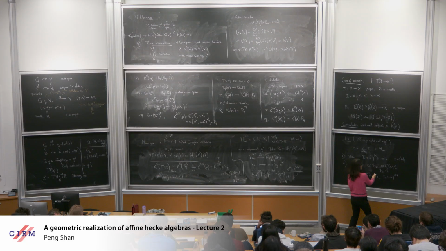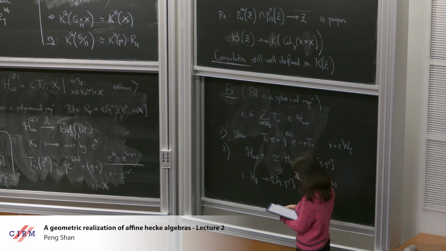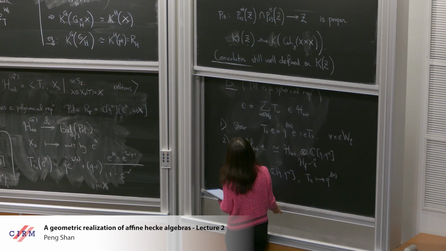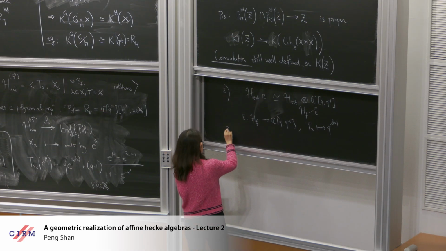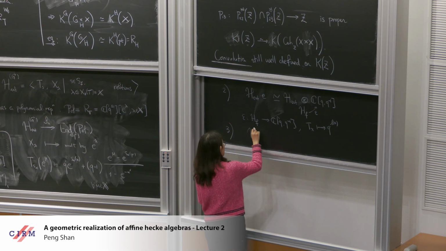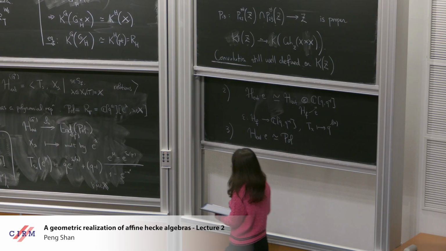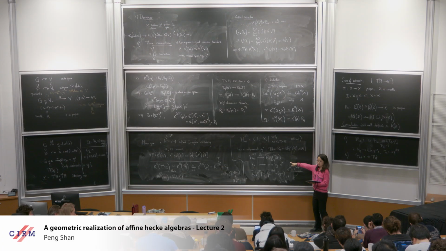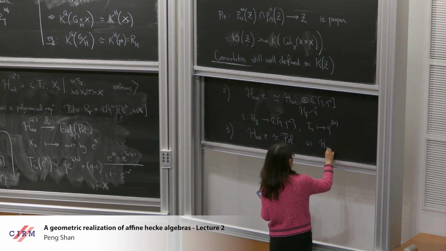And then in this procedure, you have killed all the T_w's, and so as a space, it's the same as the polynomial representation. And moreover, they're actually isomorphic as representations. So you can show that H times E is isomorphic to the polynomial representation defined in this way as an H-module.